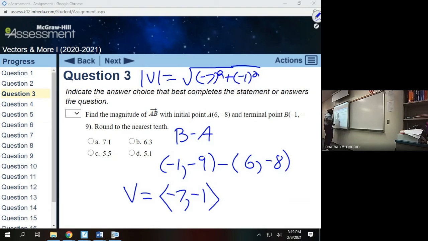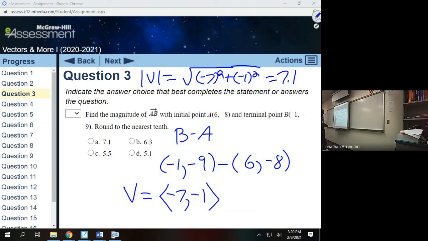Again, these happen to be easy numbers. They just randomly came out easy like this. This is 49 plus 1, that's 50. So that's a little more than 49, so that's going to be 7.1. So if he's not in component form, I recommend putting them in component form. Or you can just do the distance formula.